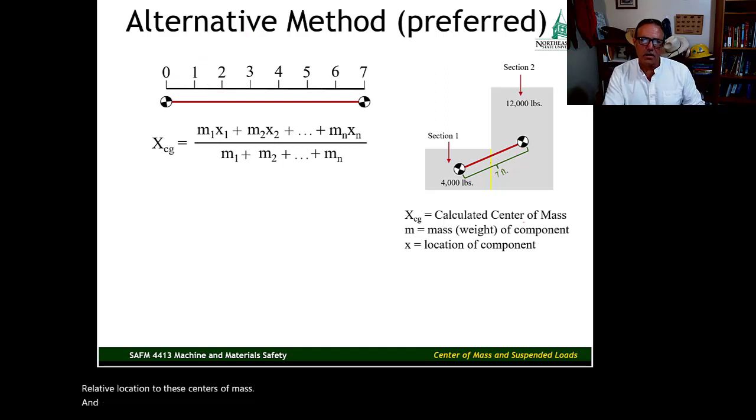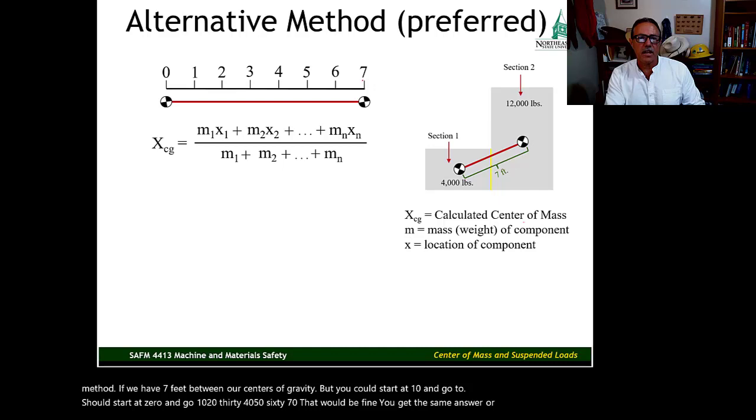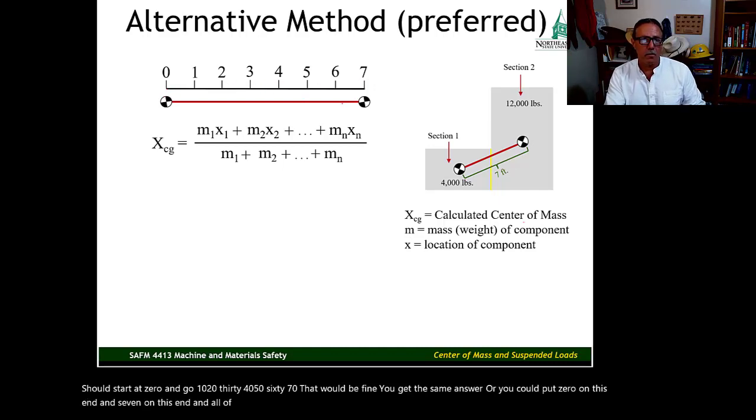And one thing about this number line scale, we're using 0 through 7. That's the simplest, the most straightforward method if we have 7 feet between our centers of gravity. But you could start at 0 and go 10, 20, 30, 40, 50, 60, 70. That would be fine. You'd get the same answer. Or you could put 0 on this end and 7 on this end, and all of your locations would be negative numbers.